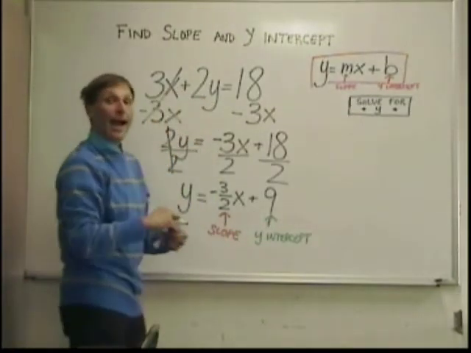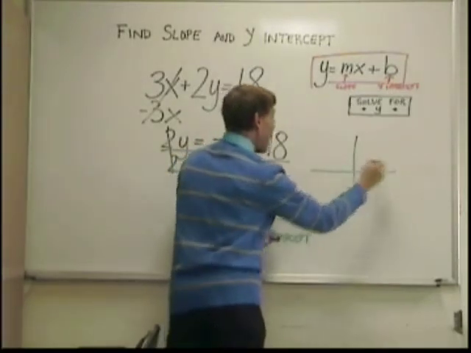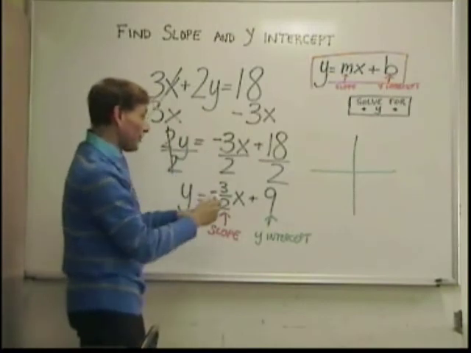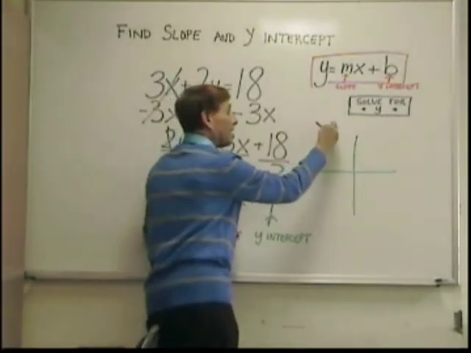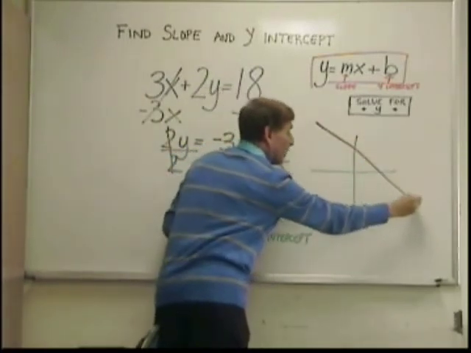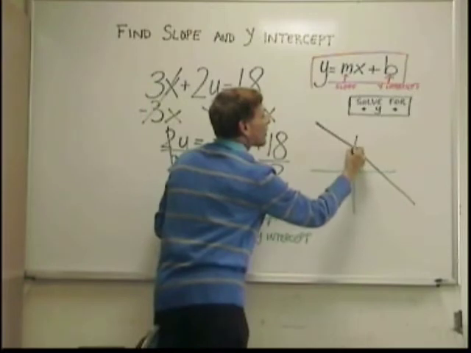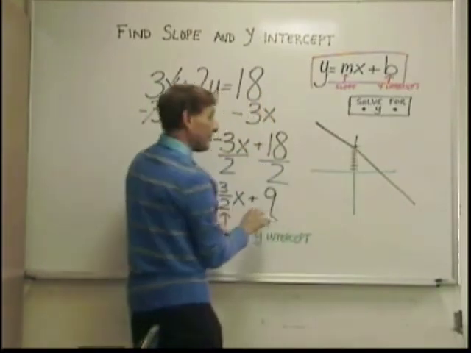And if I made a graph, it would look something like this. Let me draw a graph. It's a negative slope, so the slope is going downward from left to right. But my y-intercept would be at positive 9.